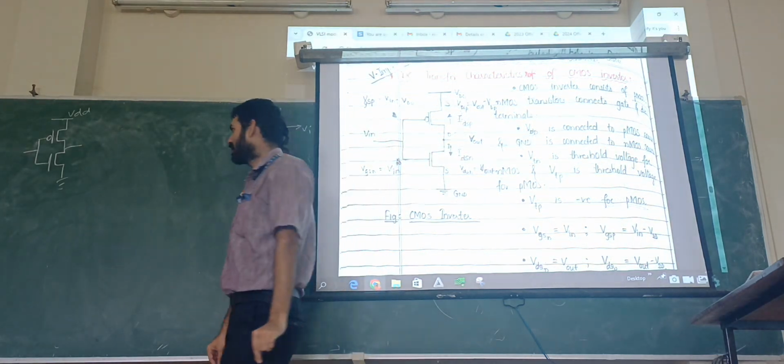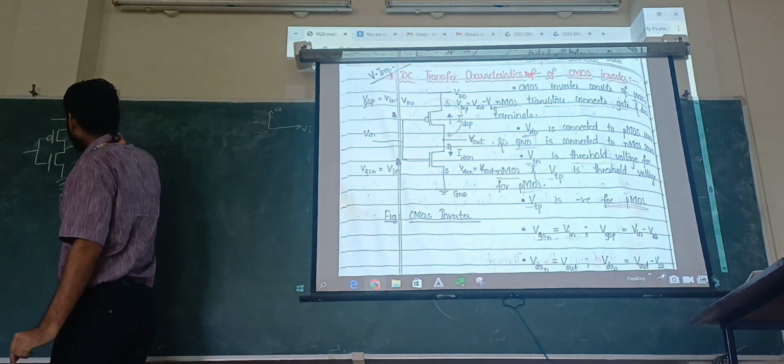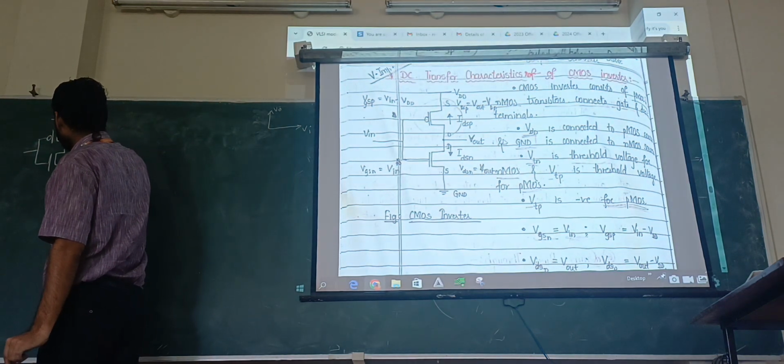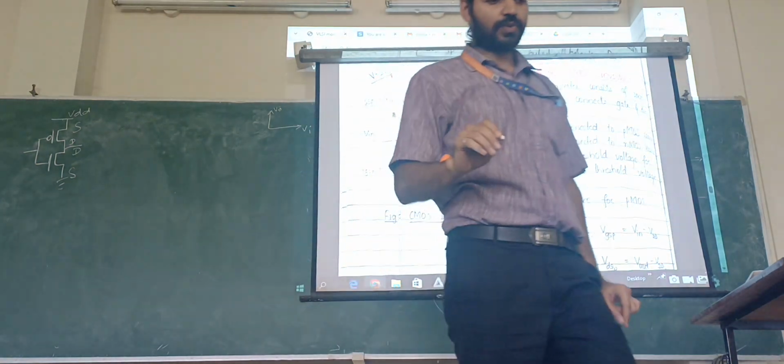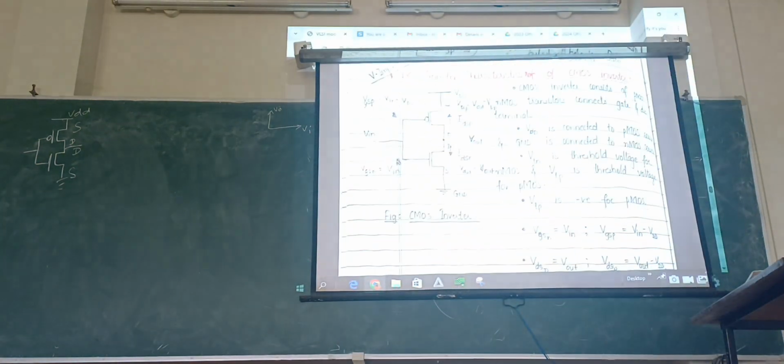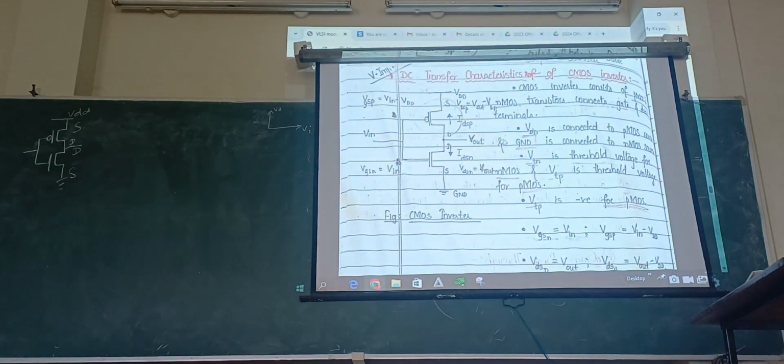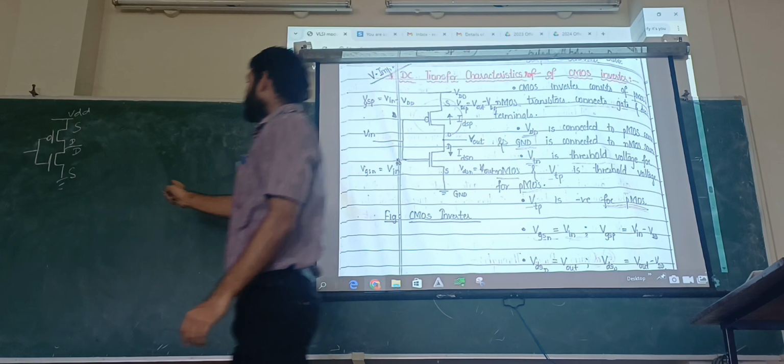Say for example, this is source, this is drain, this is source. So gate also we have. So this is gate.